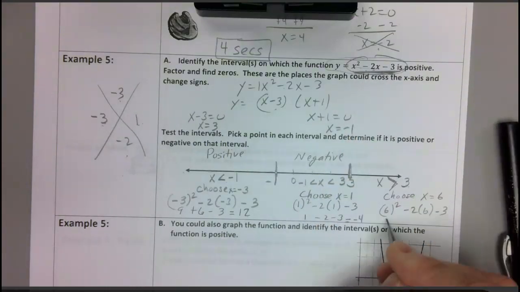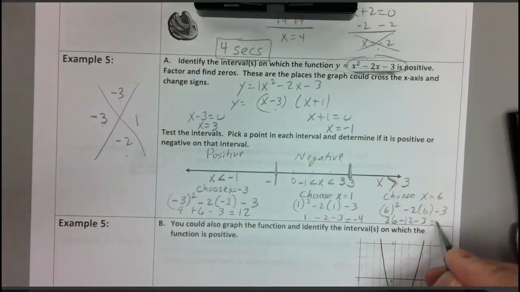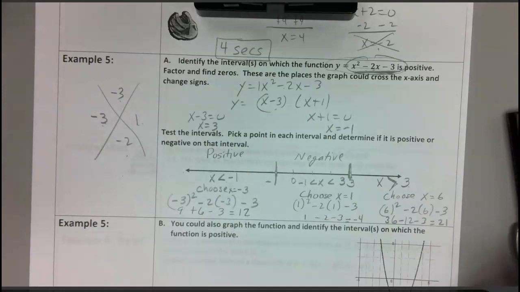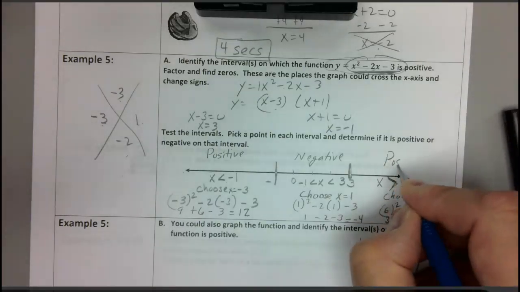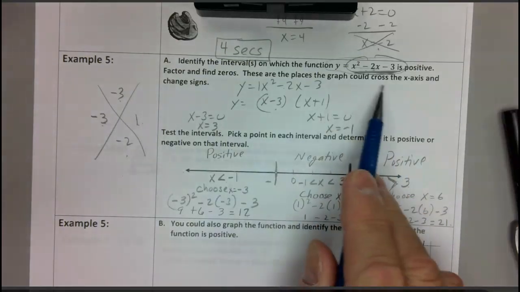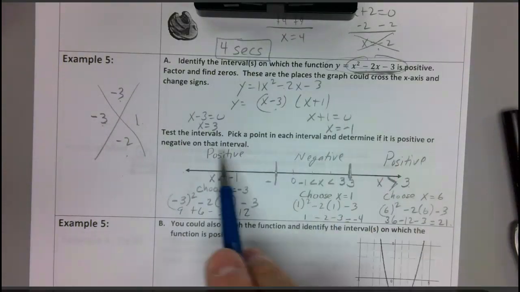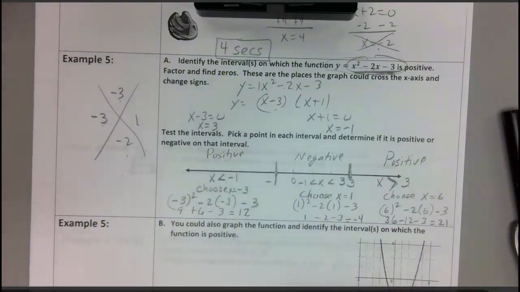So I get 36 minus 12 minus 3. 36 minus 12 is 24. 24 minus 3 is 21, which is positive. So here it's positive. So they want to know, pick a point in each and determine if it is positive or negative on that interval.